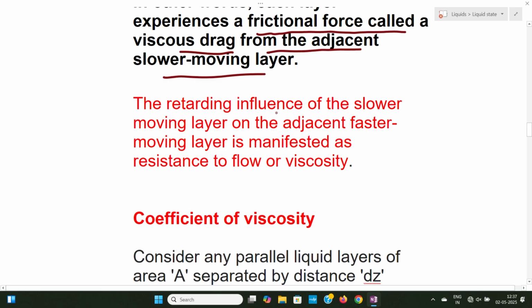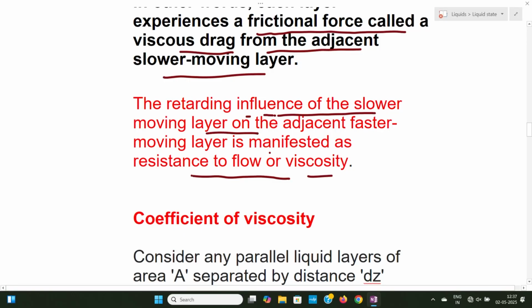The retarding influence of the slower moving layer on the adjacent faster moving layer is manifested as resistance to flow, or viscosity. So, this is about viscosity.